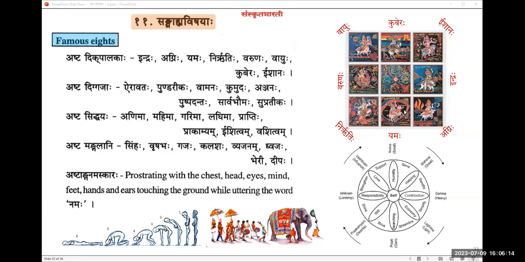Anjana maps with Vayu, so I'm not too sure. Anyway, let's not be too tied up with the order, but generally Sanskrit Bharati will keep it in the Puranic order. So maybe there is a similar map. Who knows? So these are the 8 Diggajas.